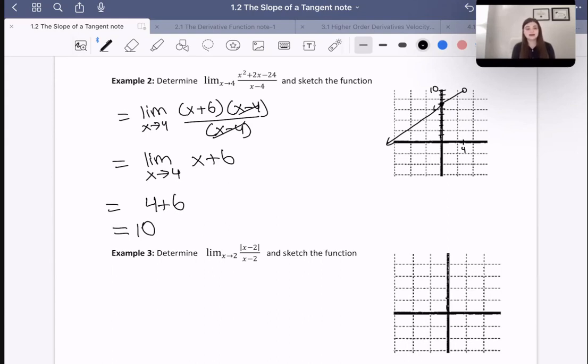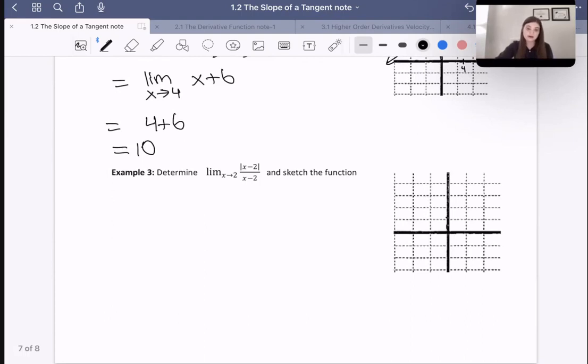A limit has to do with what's going on around the space, which also sometimes does include what happens at the space, like in example 1. But other times, like in this case, f of 4 is undefined, but what's happening around x equals 4 is approaching just that one spot because this is a hole.